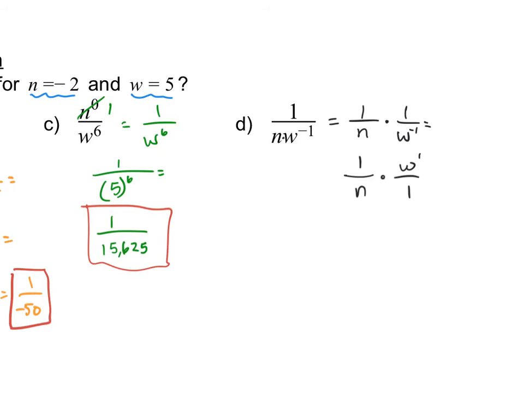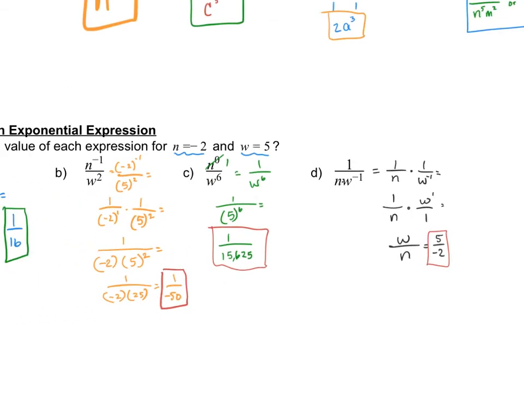Find the reciprocal to make it a positive exponent. And I know that I could rewrite then as w over n. And I know then when I do my simplification, that becomes 5 over negative 2. There we go. And there, it's just that simple sometimes.